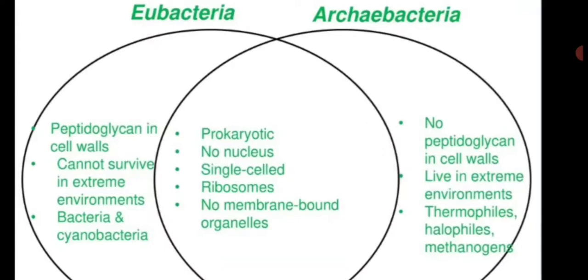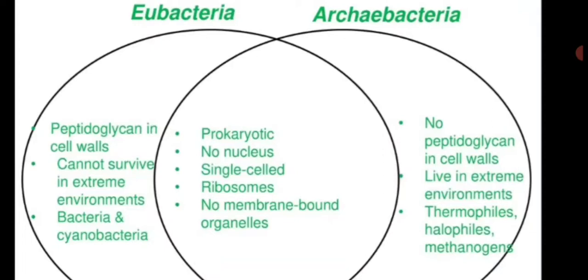The next class is halophiles, which live in extreme high salt concentrations, in high salinity habitats, for example Halobacterium. Next we have the methanogens.